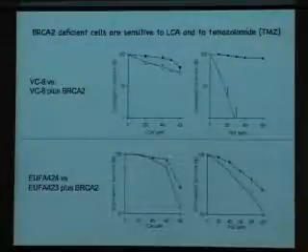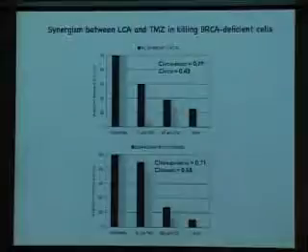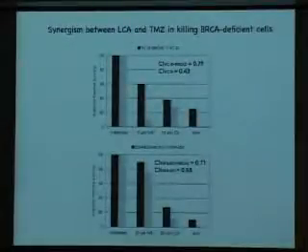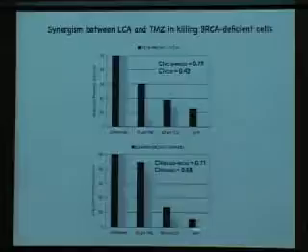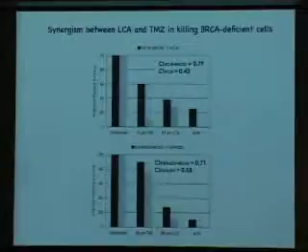And that's shown in two different matched pairs of BRCA deficient cells shown here. But the interesting thing is when you combine those two, so you engage base excision repair and then you inhibit it, therefore creating a lot of those single strand breaks, you get a lot of synergism here with polymerase beta inhibitor and temozolomide as a proof of principle.